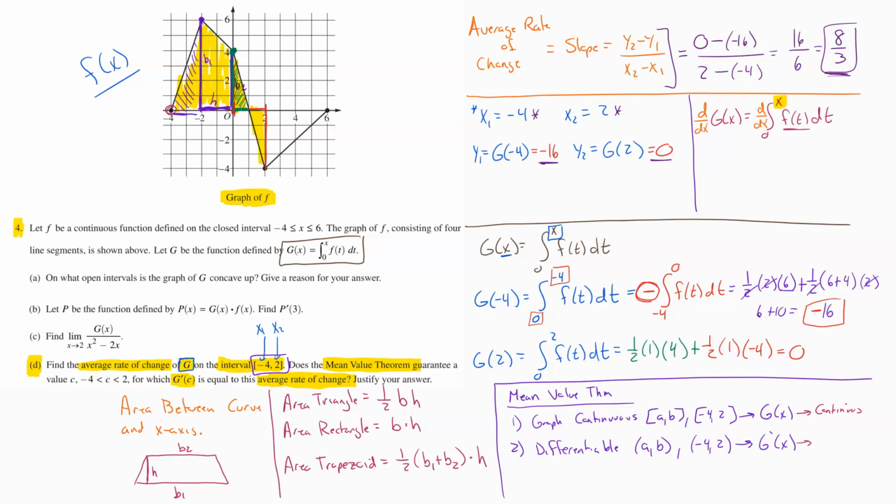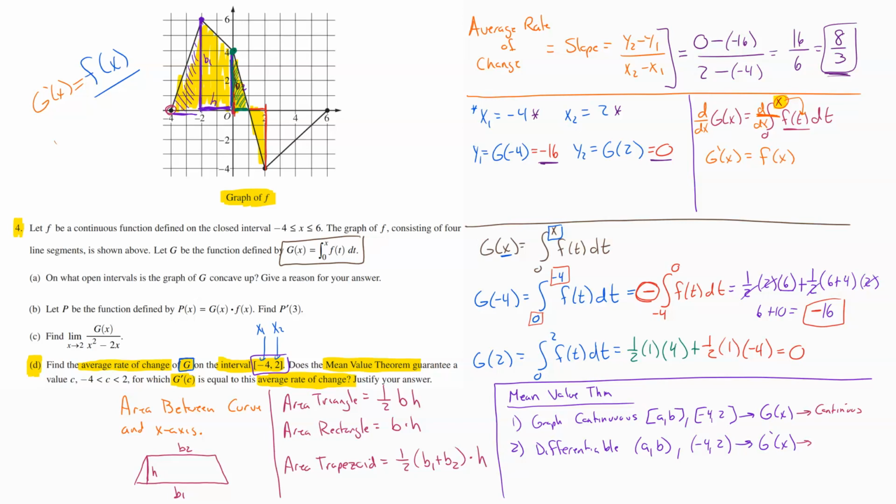What it says is when I take the derivative of this side, I get g prime of x. And when I take the derivative of the other side, a derivative and an antiderivative cancel each other out, and whatever's in there is going to drop straight down. So f of x. So g prime of x is equal to f of x. So what we also know is that this is the graph of our derivative.